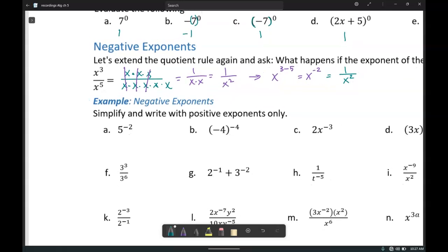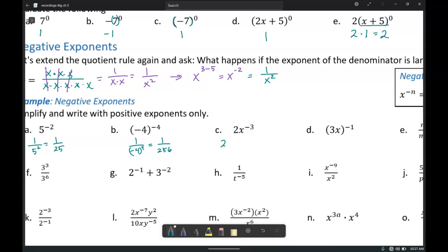So let's simplify and write with positive exponents only. This allows us to actually evaluate when we can based on the numbers that we're given. So our base is 5, so we have 1 over 5 squared. We can go ahead and square 5 and get 25. Here we have 1 over -4 to the 4th power. -4 to the 4th power is 256.